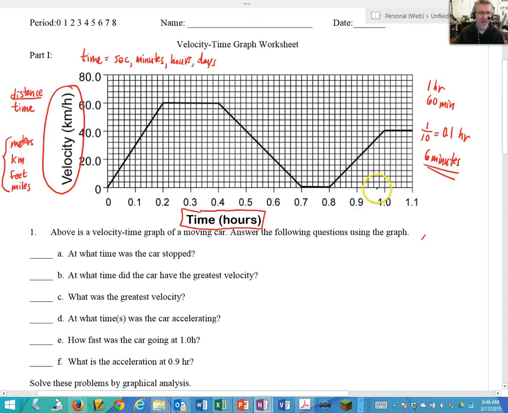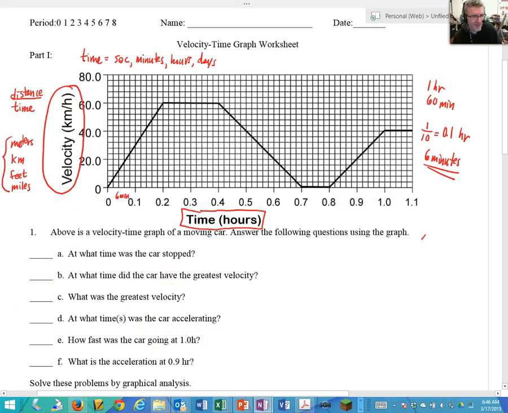So you want to get an idea of how much time is between these squares. You could say it's about 6 minutes. 1, 2, 3, 4, 5. Okay, and those are a 1/5 of 6 minutes. Don't stress too much. Sorry, it's just velocity versus time in a graph.